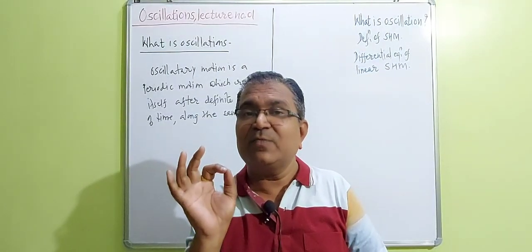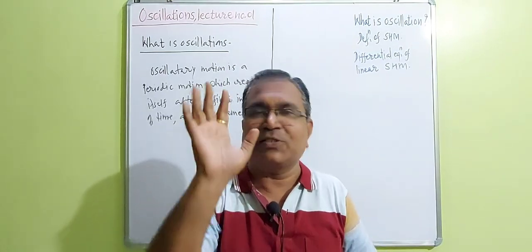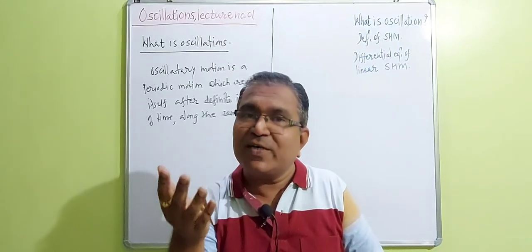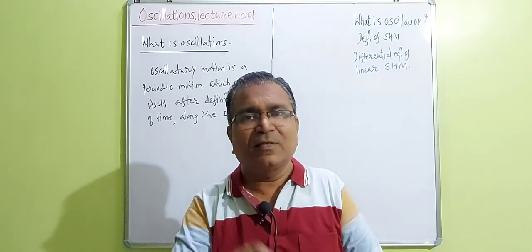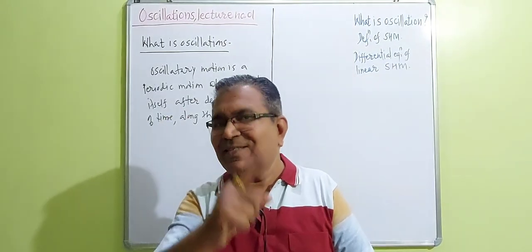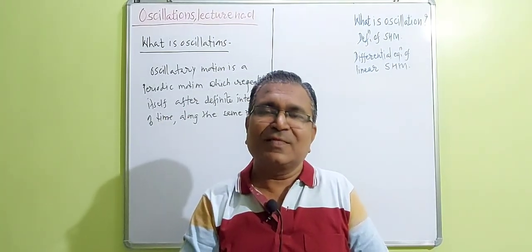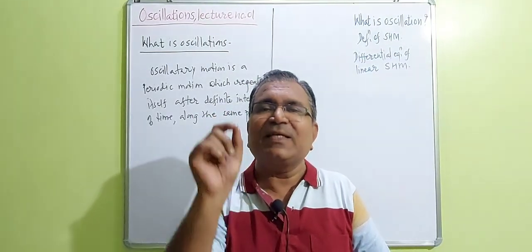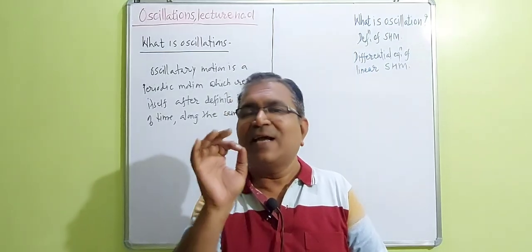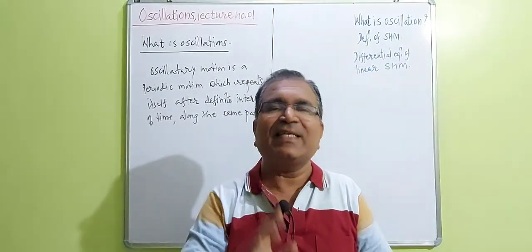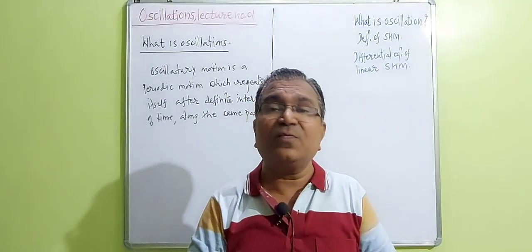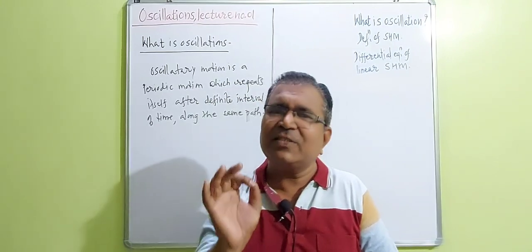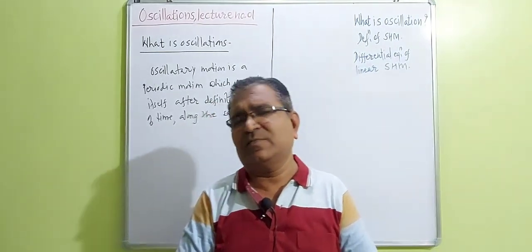This oscillatory motion is a harmonic motion. Listen carefully. This oscillatory motion we call harmonic motion. Then again the question arises, why is this called harmonic motion? Because the equations of displacement, velocity and acceleration of oscillation consist of sine function and cosine function.